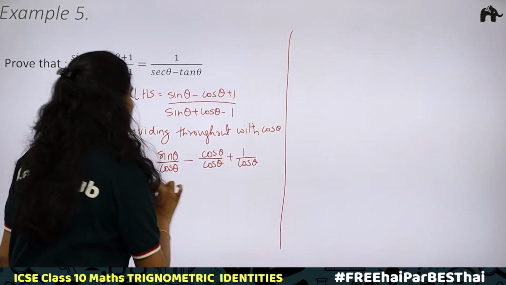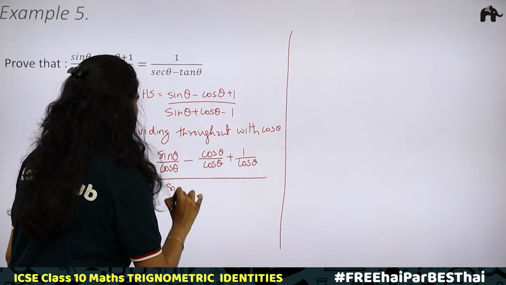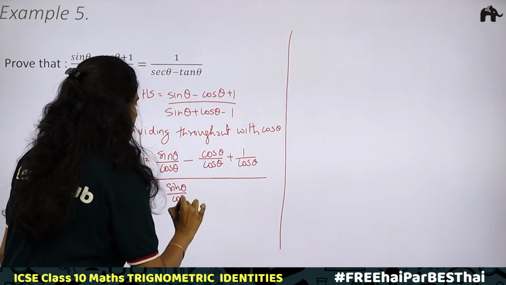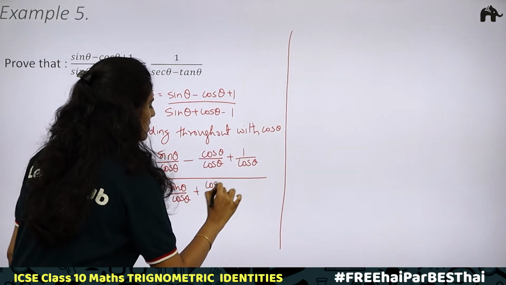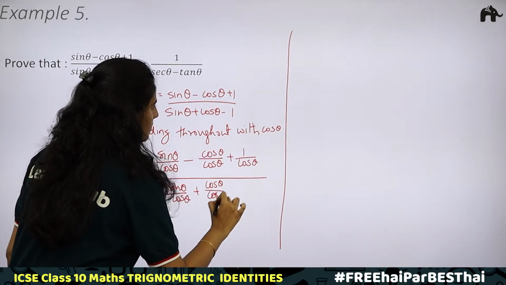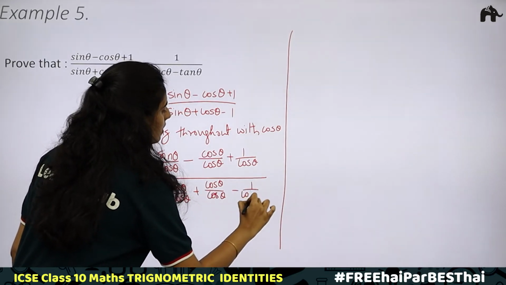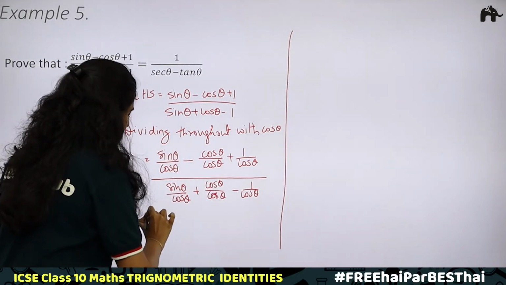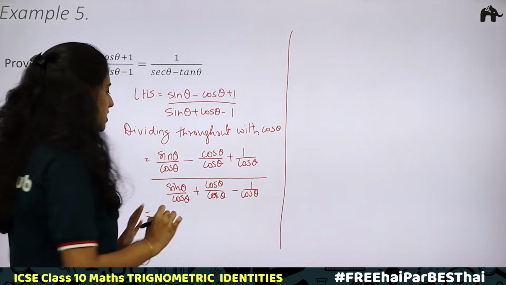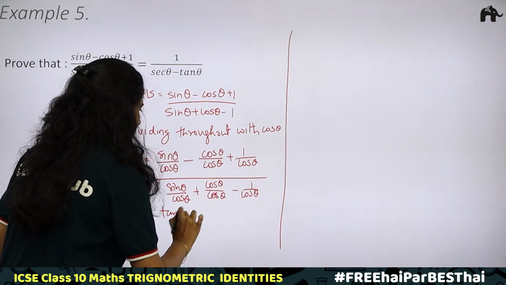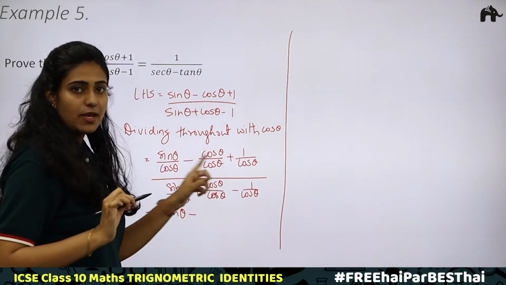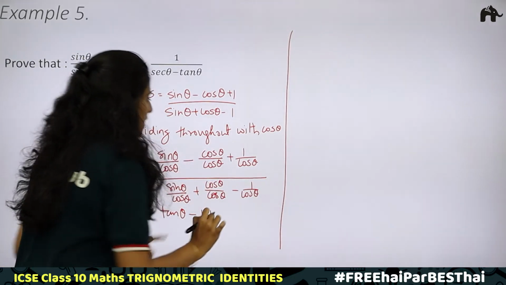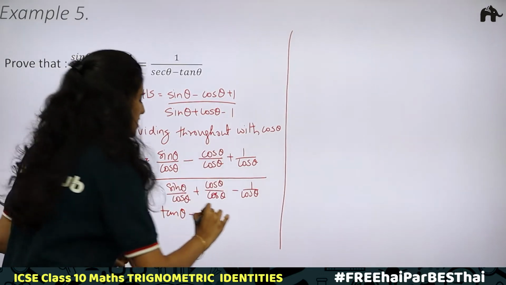Now the denominator part: sin theta by cos theta plus cos theta by cos theta minus 1 by cos theta. Here, what is sin theta by cos theta? Sin theta by cos theta is tan theta. Tan theta minus cos theta by cos theta is 1, plus 1 by cos theta is sec theta.